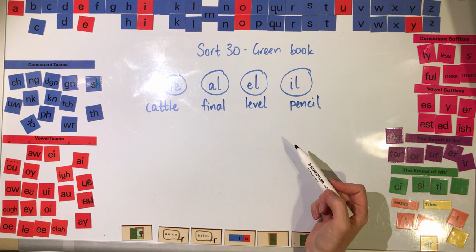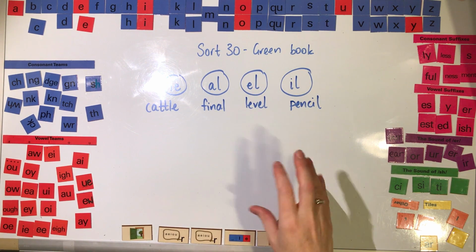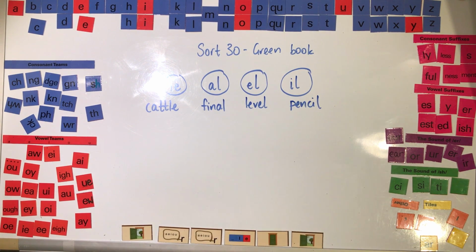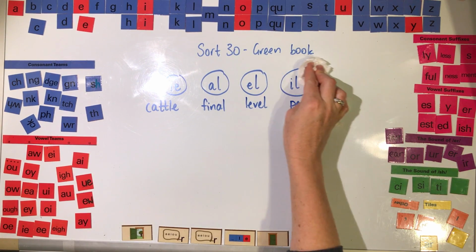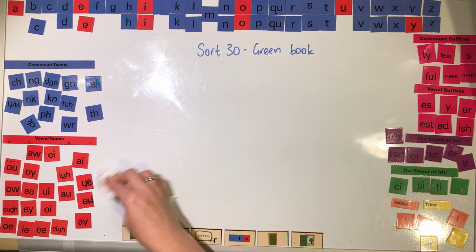So we're going to look at the breakdown of words and do the sort together, and then I'm going to give you some hints on how to know when to use those. So we'll sort the words together and then I'll give you a few tips. There's no hard and fast rules, they're just going to be tips.